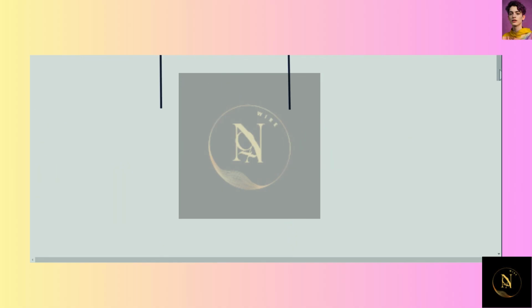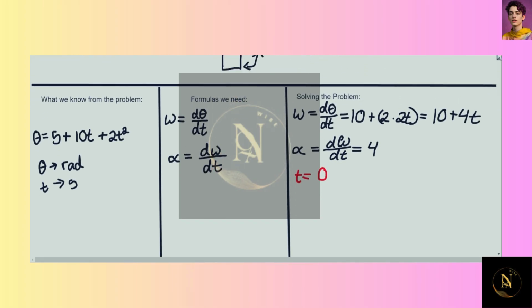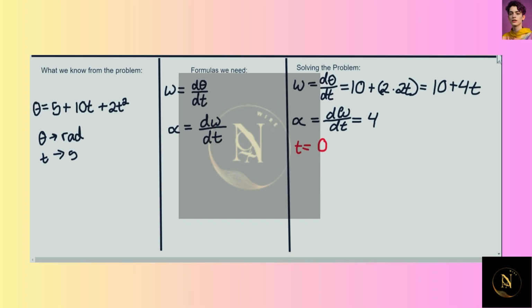So let's do that. Okay. So theta equals 5 plus 10 times 0 plus 2 times 0 squared equals 5.00 radians.